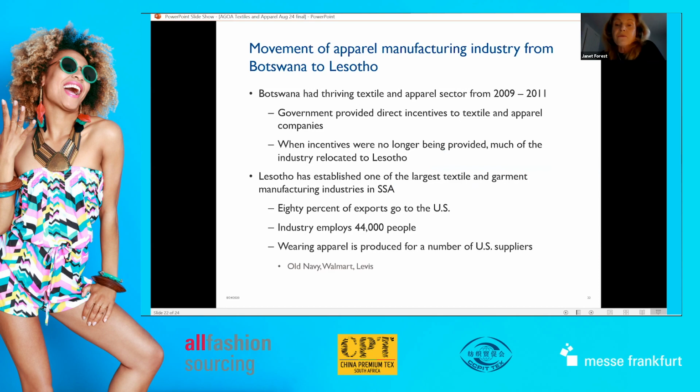Now Lesotho has one of the largest textile and garment manufacturing industries in sub-Saharan Africa. And 80% of the exports go to the US, and the industry employs 44,000 people. There are a number of known US suppliers that goods are produced for, including Old Navy, Walmart, Levi's, and several others.